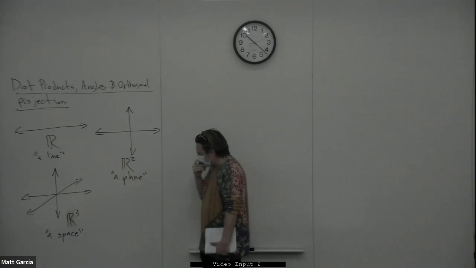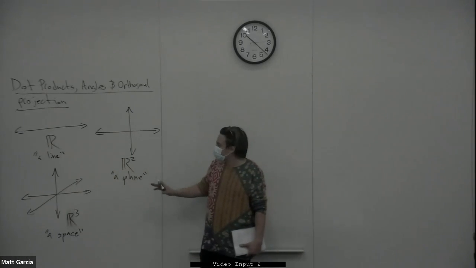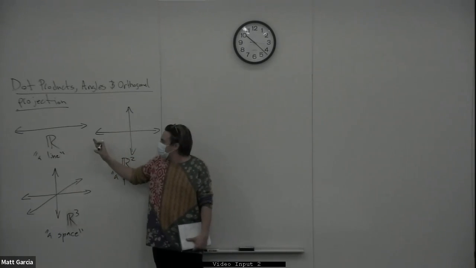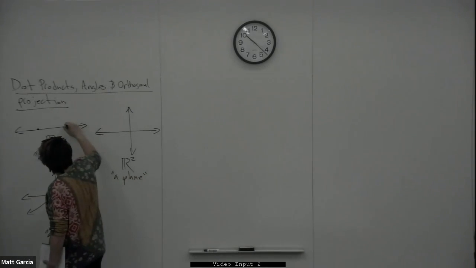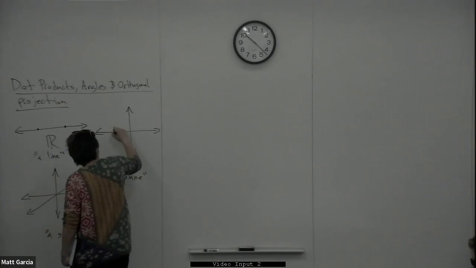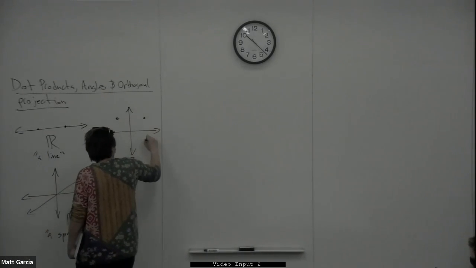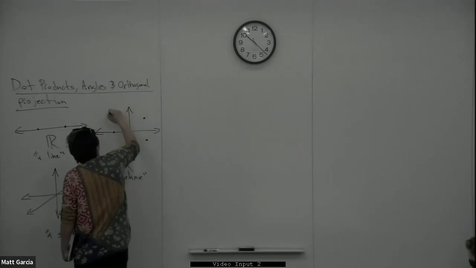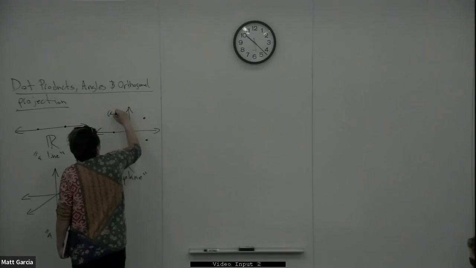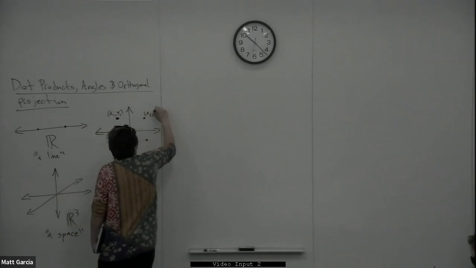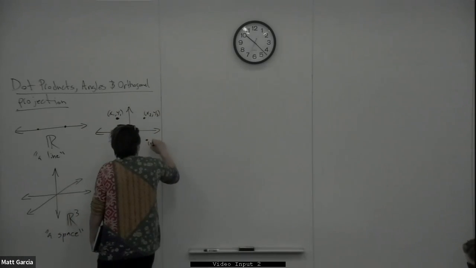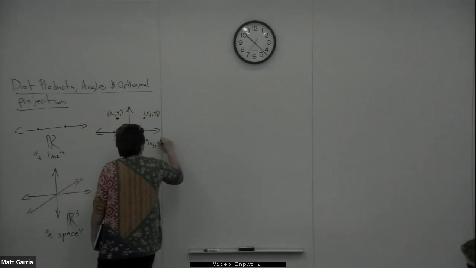Now, the point is that each of these objects, the elements of each of these objects, these are ordered pairs, right? X1, Y1, X2, Y2, X3, Y3.